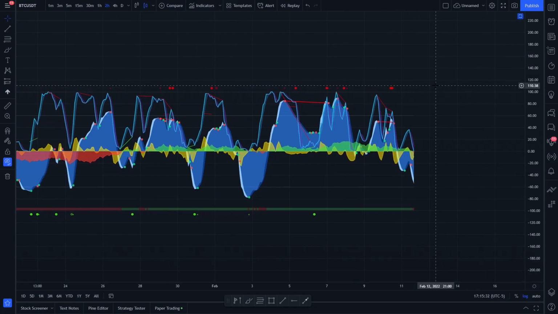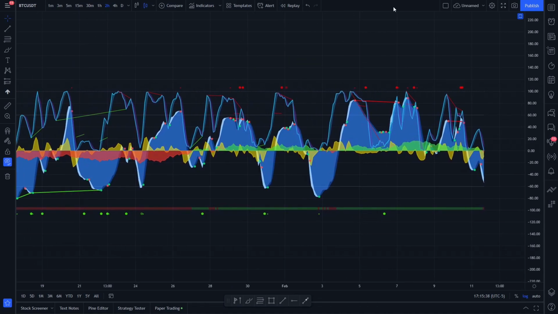Exactly, and just to reiterate another point as well, when you're looking at this indicator, on either side of the zero line you can see those larger blue lines and blue regions, and these are the bullish and bearish divergence regions. That's another way to help figure out which way the market is currently moving, and the lines indicate whether it's going to be a bullish or a bearish divergence.